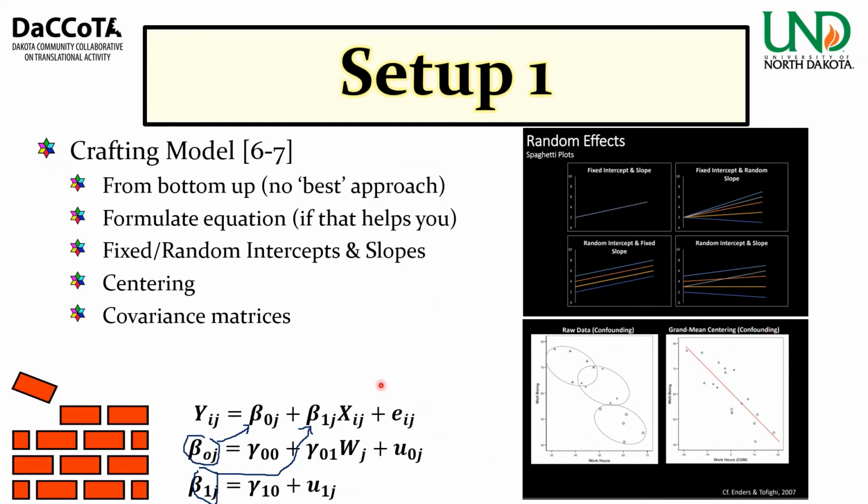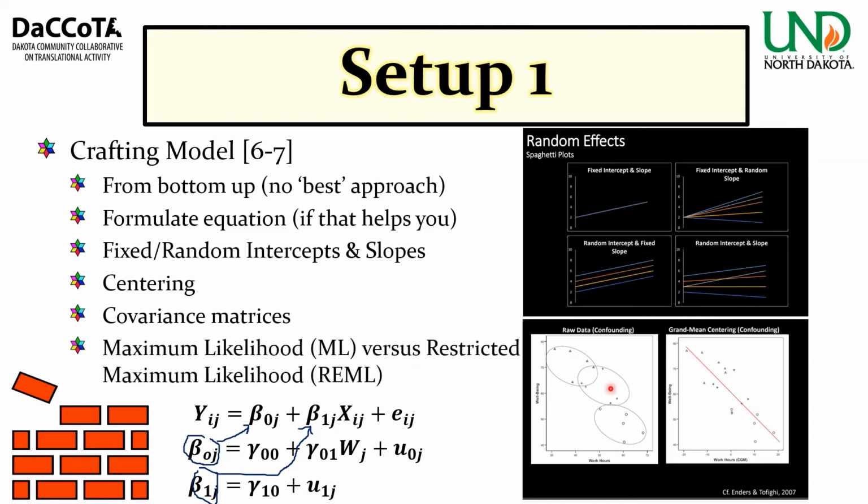Then shuffling on, we have covariance matrices that can be chosen, especially for longitudinal data. Common types are unrestricted, homogeneous, and also autoregressive. I'm not going to go into much detail here, but check out the references for more of the dirt. Finally, you can decide whether you're using maximum likelihood or restricted maximum likelihood methods.